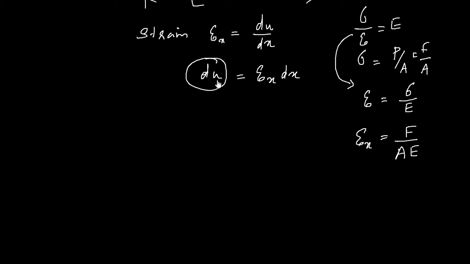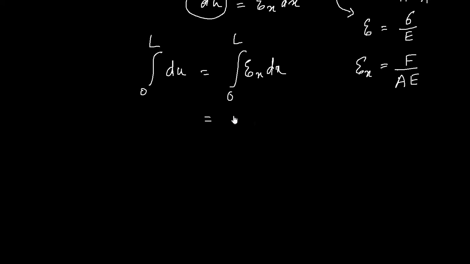So in order to find the total deformation, you integrate this over the complete length. So the total elongation is integral 0 to L du, which is equal to integral 0 to L epsilon x dx, and substituting epsilon x, you have integral 0 to L F dx over AE.